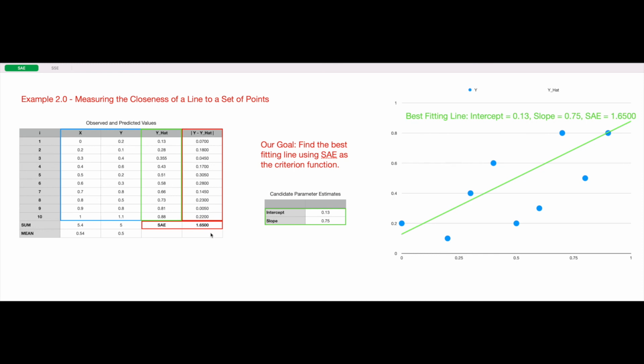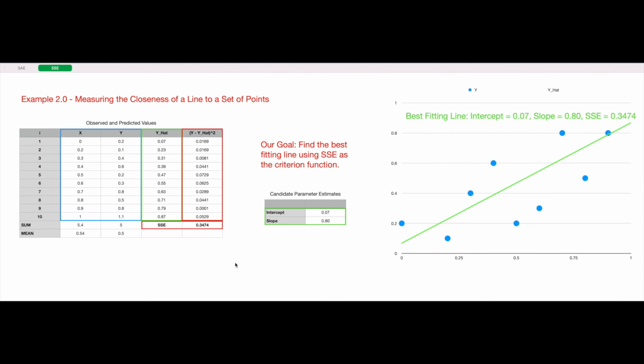Now, obviously, the values for the minimum SAE and the minimum SSE are really not comparable. We really can't evaluate or compare the SAE versus the SSE using those values.